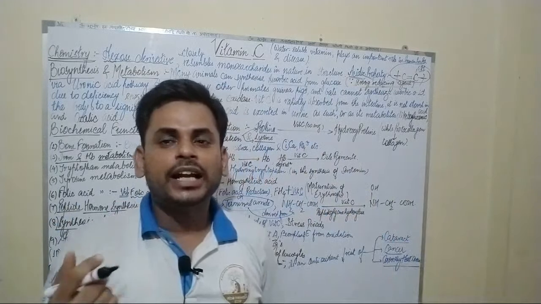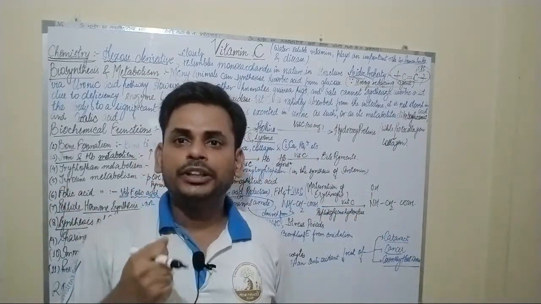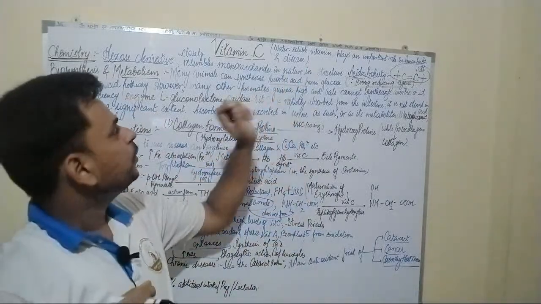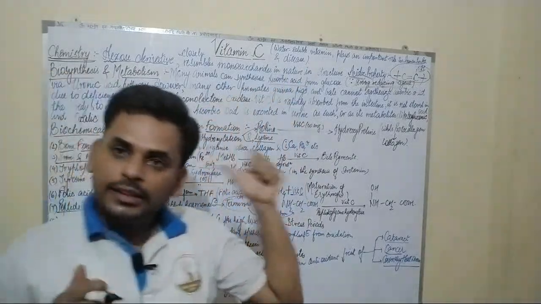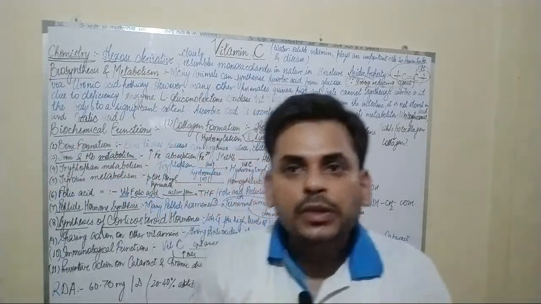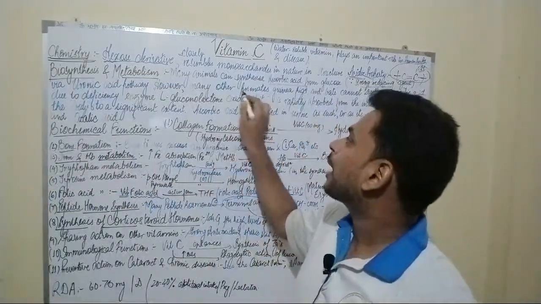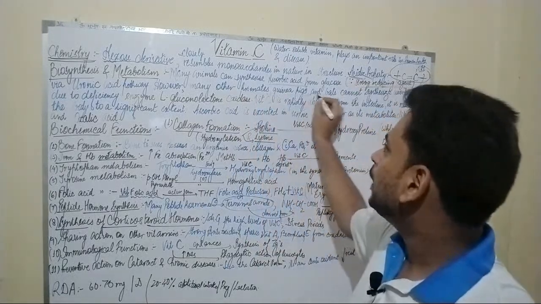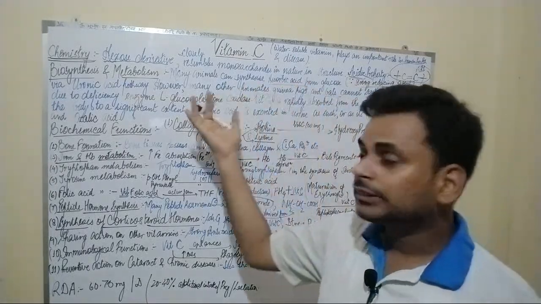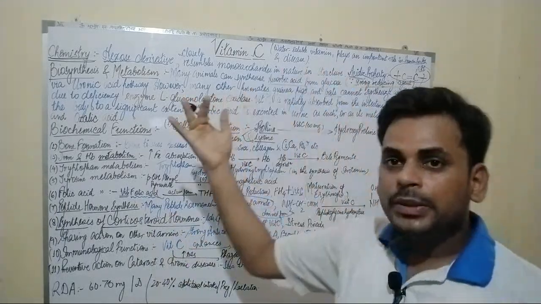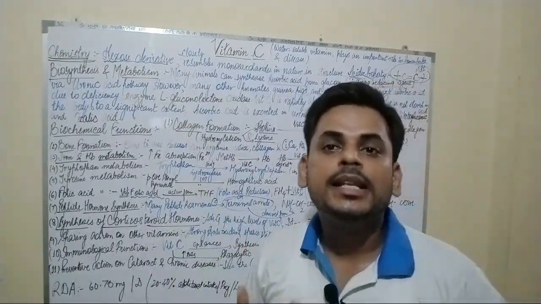Their body has the potential to synthesize ascorbic acid from glucose, but this ability to synthesize ascorbic acid within the body is not found in certain primates, including guinea pigs and bats, and also in certain mammals.